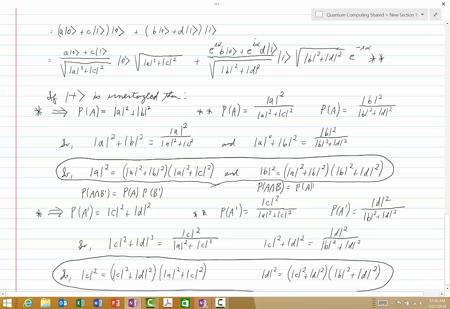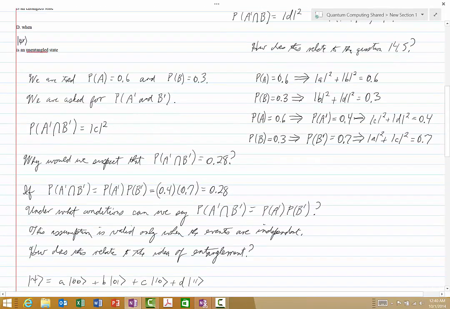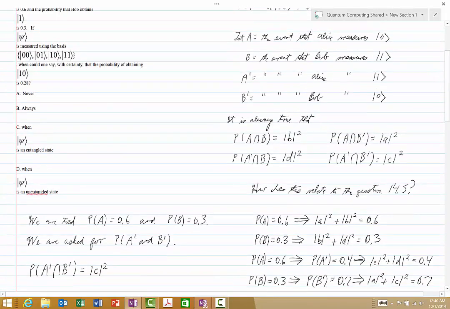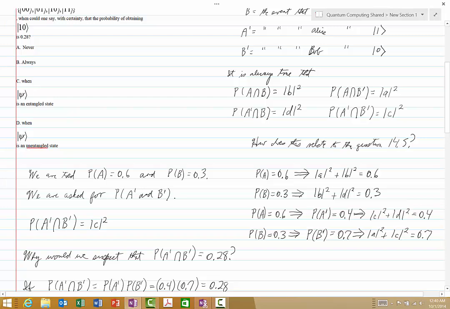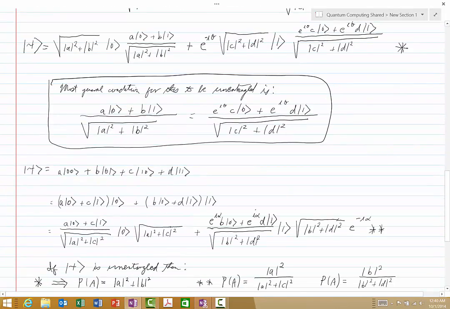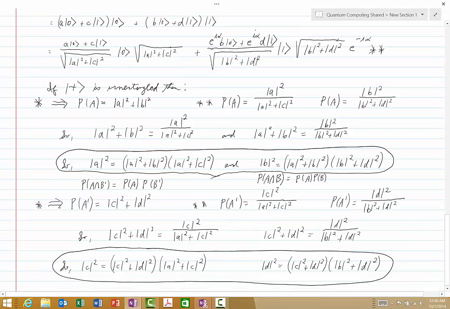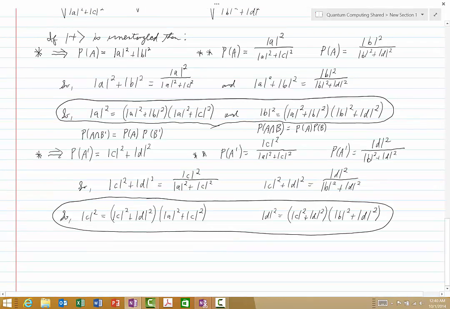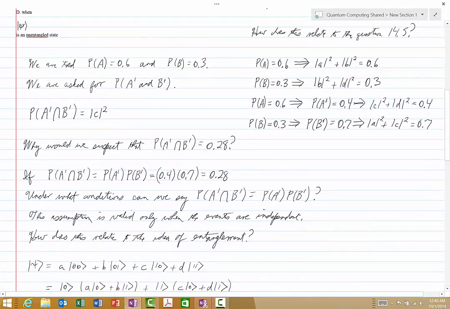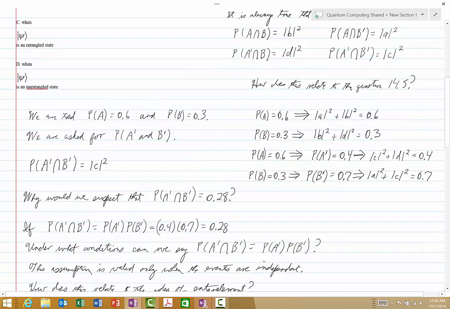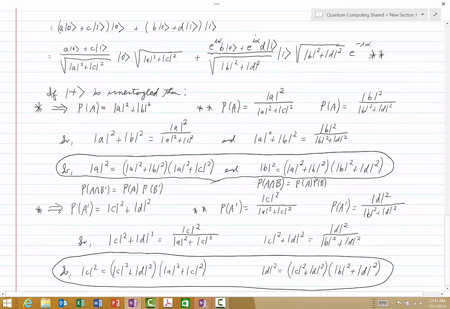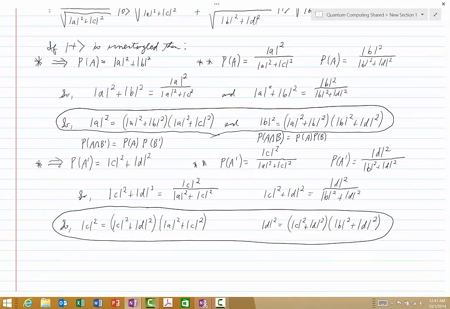And what about magnitude of B squared plus magnitude of D squared? Well, if we look up, magnitude of B squared plus magnitude of D squared is right here, and that's P of B. So down here, P of B. Now coming down to our second pair of equations, the magnitude of C squared is right here. That's P of A prime and B prime.